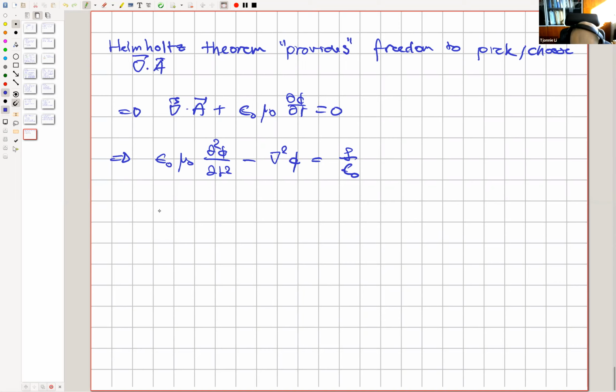And the other equation again is epsilon naught mu naught partial squared A partial t squared minus Laplacian of A equals mu naught J. Here, two wave equations.